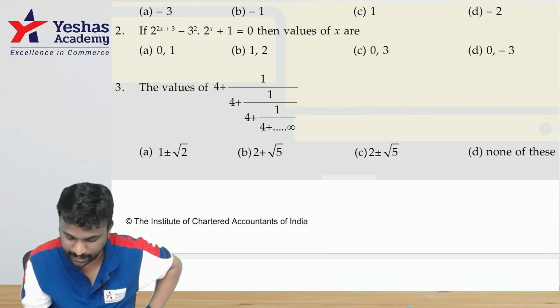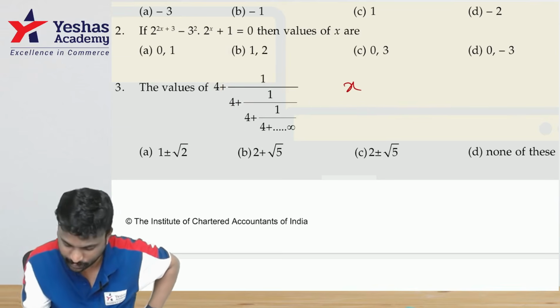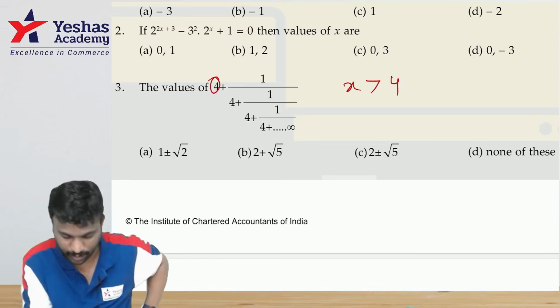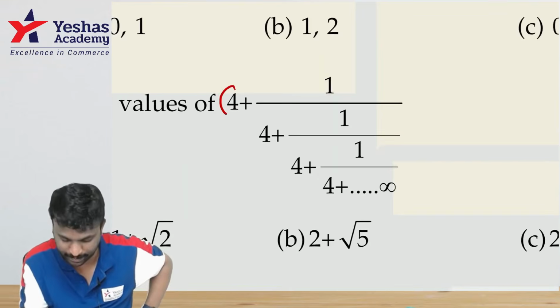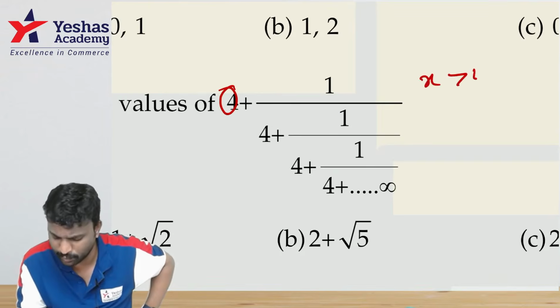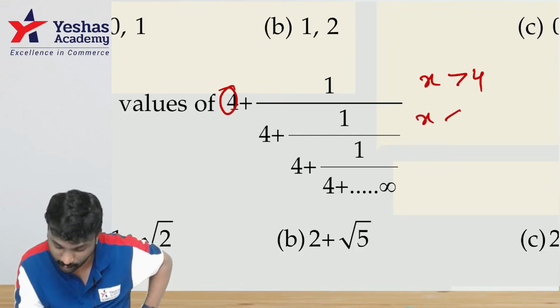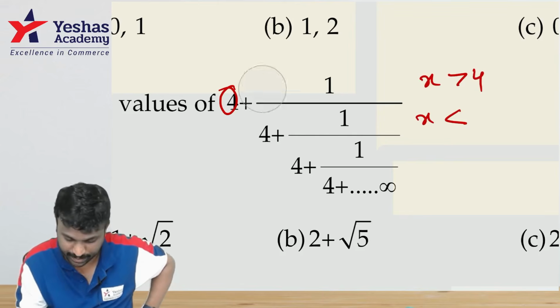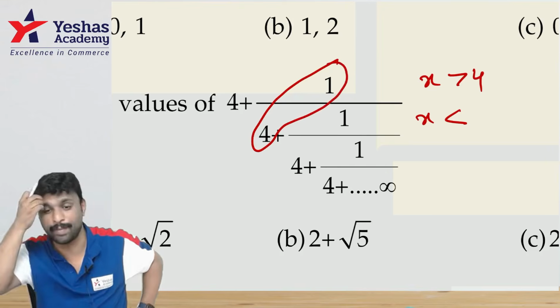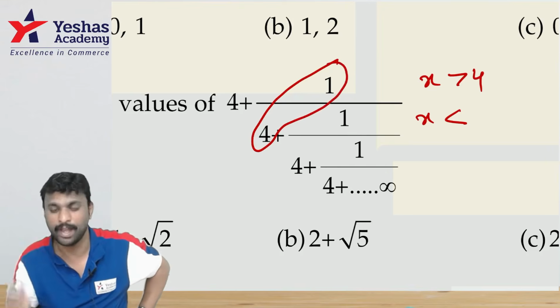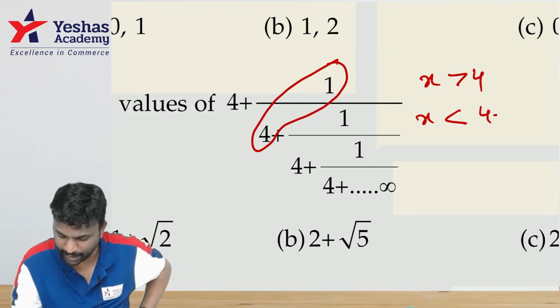0.25. So 4.25. Please understand, guys. So the value of x always lies between, definitely x will be more than 4, because 4 is getting added with something. You can clearly see 4 is getting added with something. 4 plus something it is. So definitely x will be more than 4. And x will be less than, please understand, guys, it is 1 divided by 4 you have to consider. 1 by 4 is 0.25. 4 plus 0.25 is 4.25.